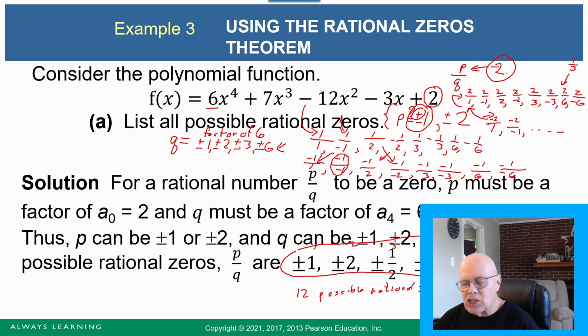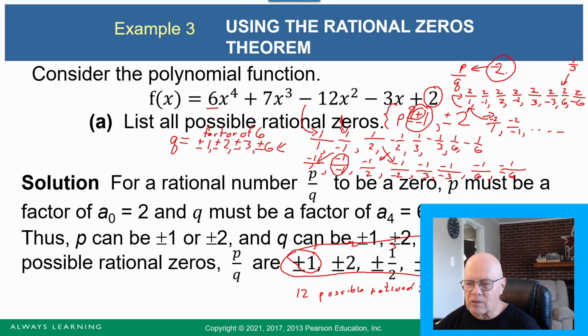And the easy way to check these, if you're doing it manually, is take each one of these, like the positive one here, use synthetic division. If you get a remainder of 0, you've found the possible rational 0. Then you can check the negative one with synthetic division. See if that is a possible rational 0.